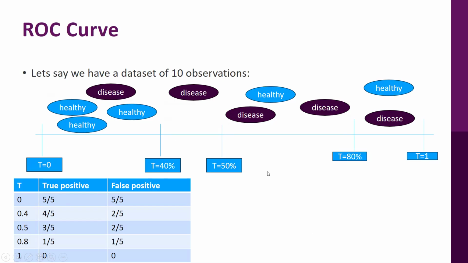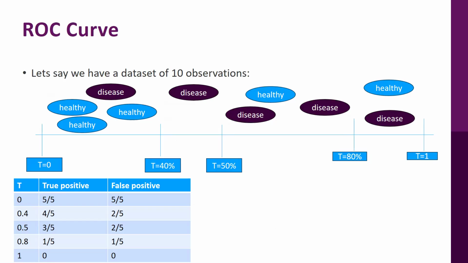As you move along this spectrum, you can see that by increasing your threshold value, your true positive rates and your false positive rates change. And let's look at the other extreme. If you look at t equals 1, what happens here is that you classify all the patients as being healthy. Of course, this is an extreme case, but if you set the threshold very high, near 1, you classify all patients as being healthy.